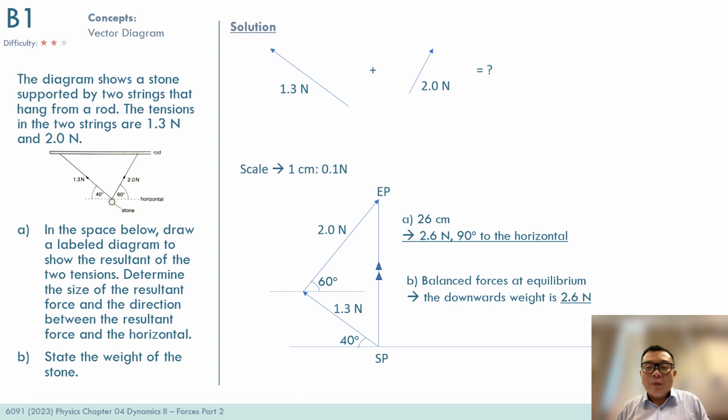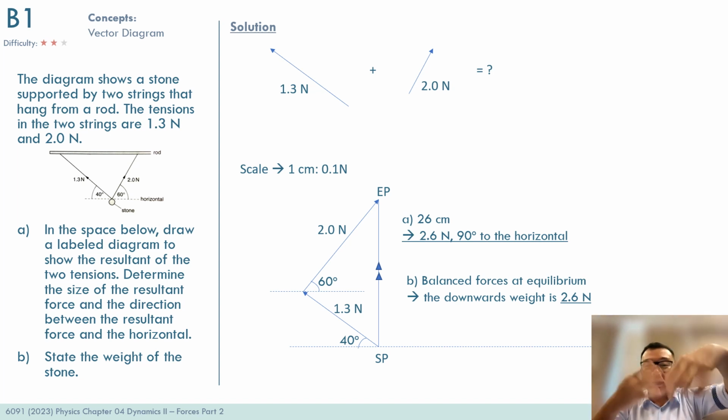Now, why is this so? The combination of the two outwards tension forces results in a total outward force of 2.6 newtons that is pulling the stone outwards. Now, this outward force must be there to balance some downward force, which is the weight of the stone that's pulling it down.